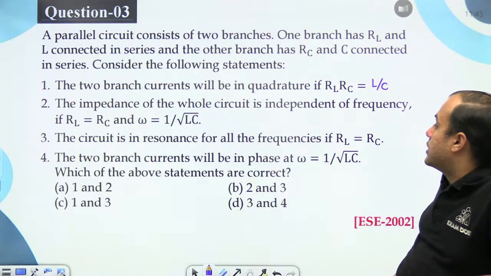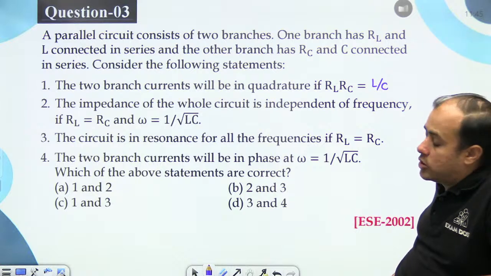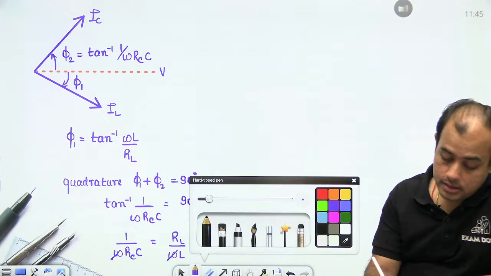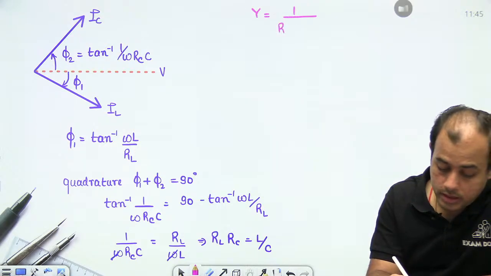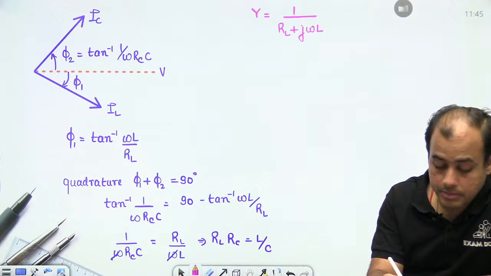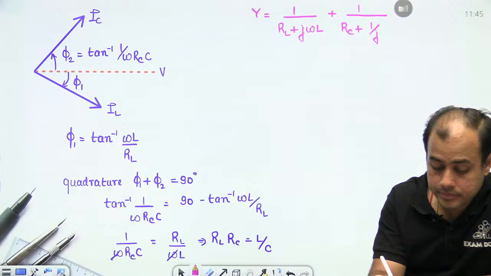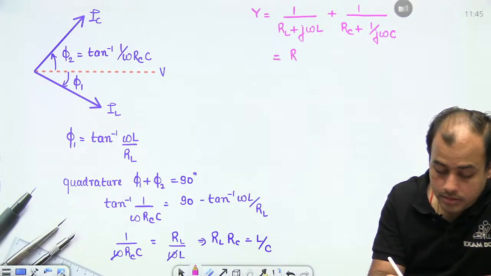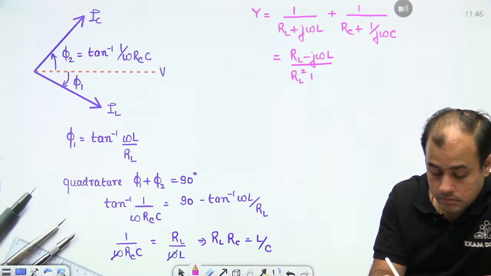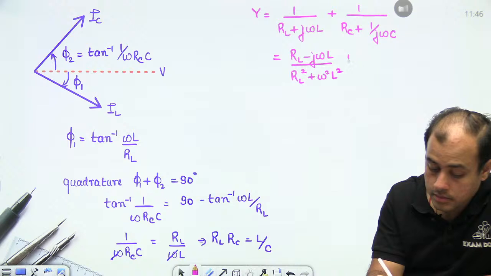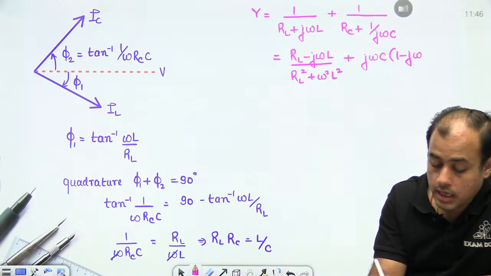The impedance of the whole circuit is independent of frequency if RL equal to RC and omega is 1 by root LC. Now let me talk about the admittance. Because two branches are in parallel, we must approach by admittance. I am rationalizing.